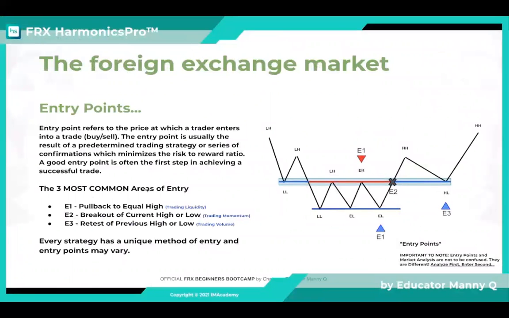There goes your three most common areas of entry: the E1 entry, the E2 entry, and the E3 entry. Now, please remember that every strategy has a unique method of entry, and entry points may vary. Just because these are the three most common areas of entry where traders are looking to enter the market does not necessarily mean that every single strategy around the world is based on these three.